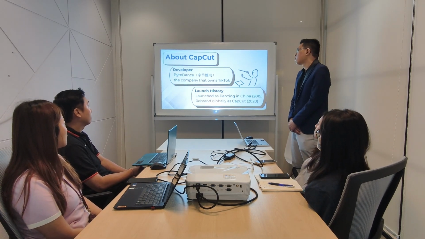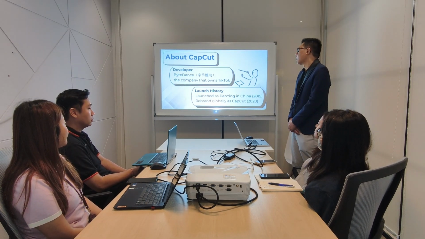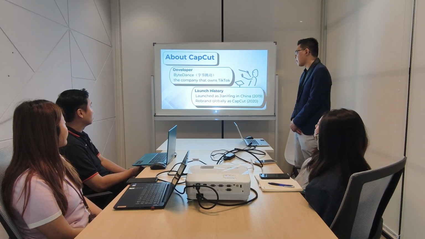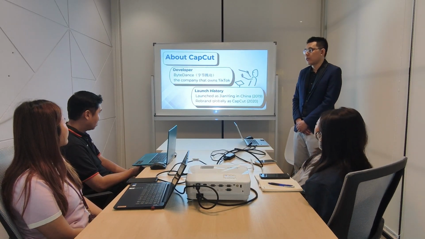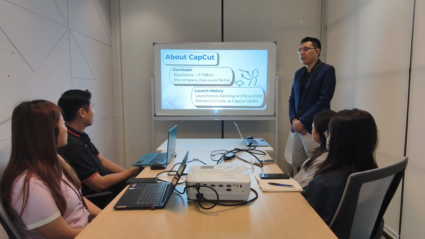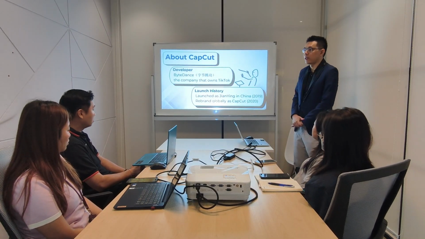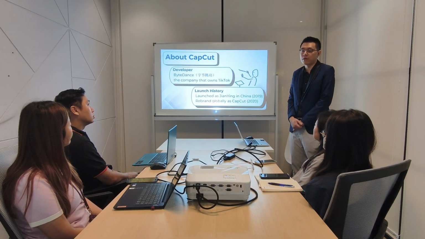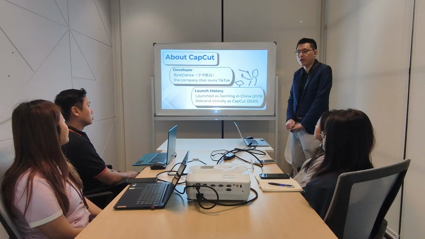Okay. So the launch history: basically they launched Jianying first in China in 2021. And after that, they rebranded globally as CAPCUT. So similar to Douyin and TikTok, CAPCUT and Jianying are also roughly the same. The main function, the key function, is the same.